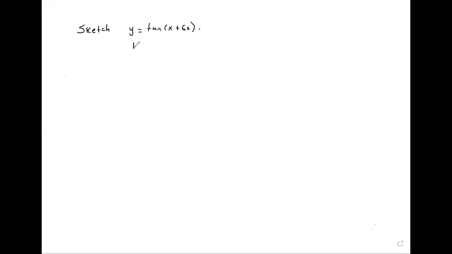Let's just concentrate on the period, which is now 180 over b, which is equal to 180 in this case, over 1, which is 180, and then get a scale where you divide the period by 2 this time around.